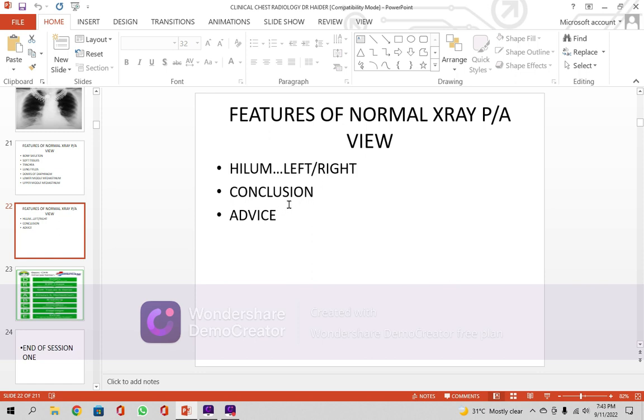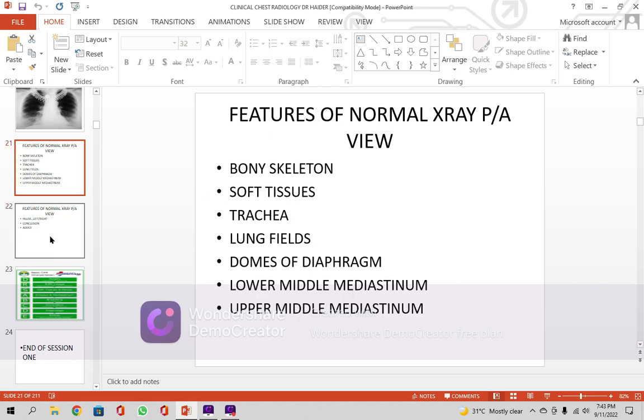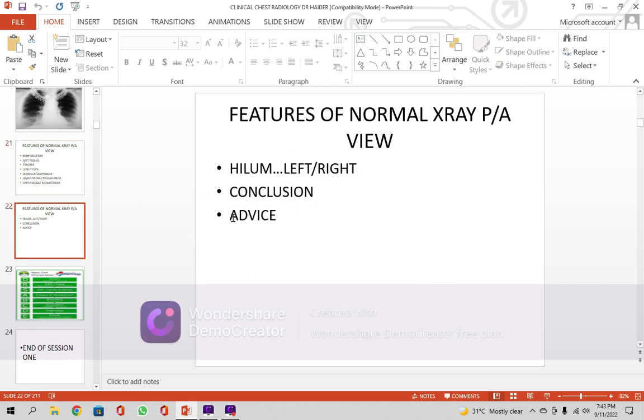Then conclusion: what are the positive findings of the X-ray and what is the differential diagnosis, and then we advise whether you will treat yourself, or you want other investigations, or you want to refer. So this is how we report this X-ray. This is a good way to do it.